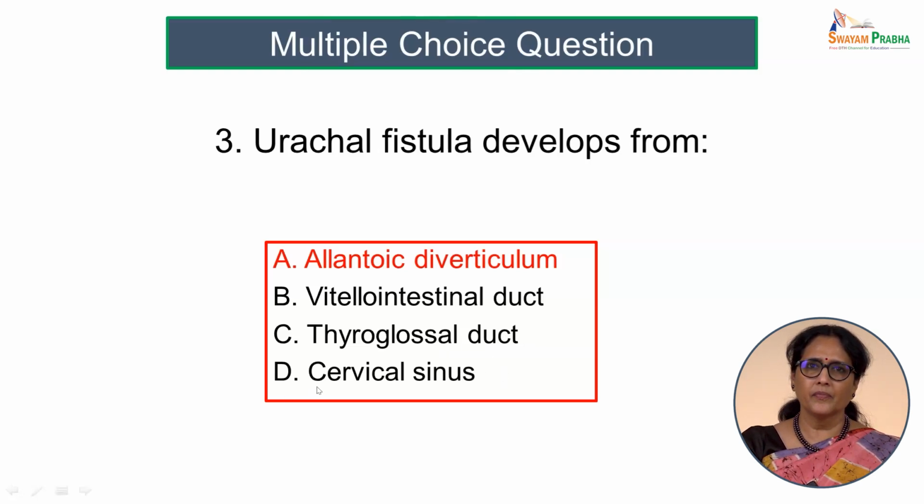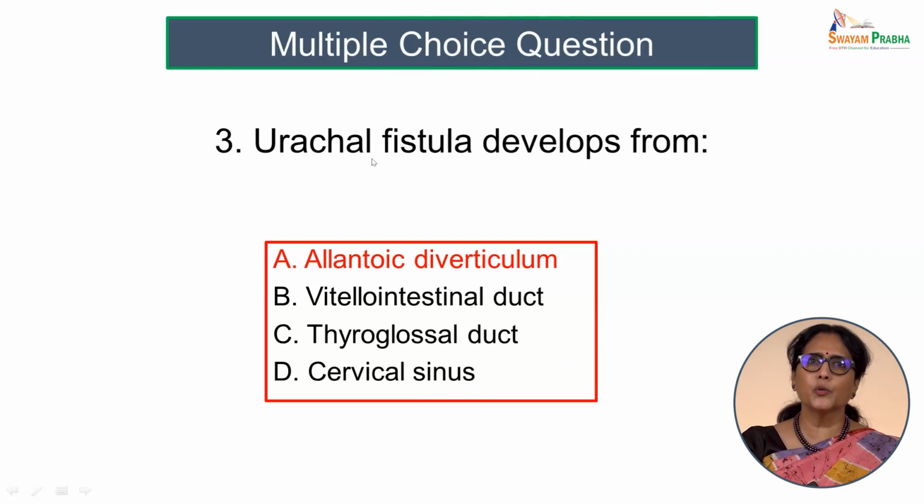Cervical sinus is in the neck. It is related to the second, third and fourth ectodermal clefts during development of branchial or pharyngeal apparatus. Normally, it is obliterated to form the skin of the neck. If the cervical sinus is not obliterated, it forms branchial fistula, which also lies in the neck.